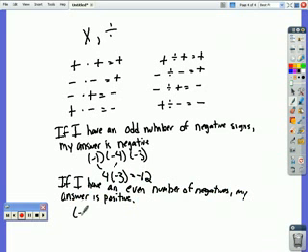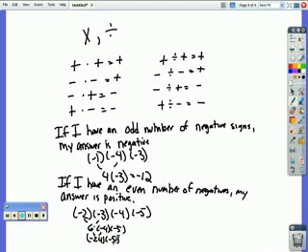That's like negative 2 times negative 3 times negative 4 times negative 5. Here I have 4 negatives. So I can say negative 2 times negative 3 is 6 times negative 4 times negative 5. 6 times negative 4 is negative 24 times negative 5. And negative 24 times negative 5 gives me a positive 120.